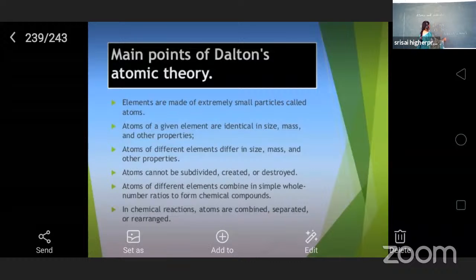Sodium is 11, and chlorine is 17. Means 11 is to 17 in chemical compounds. So in chemical reactions, atoms are combined, separated or rearranged.